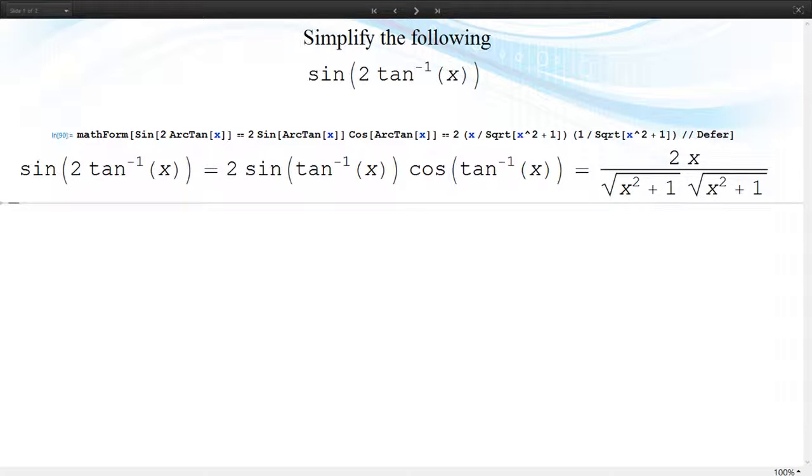And that gives us 2x over, well, the square root of x squared plus 1 times itself is just going to be x squared plus 1 in the denominator. So let's simplify that.